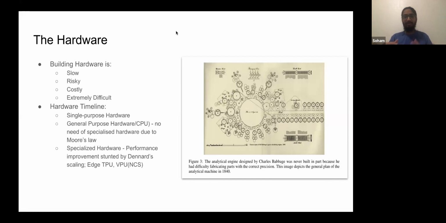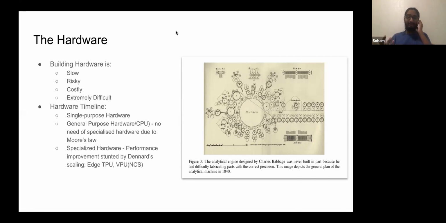Building hardware is also risky, because it takes 2-3 years to get your hardware back. The field might have already progressed in that time, right? So the work you have done may not be the state of the art anymore. So building hardware is also very risky.